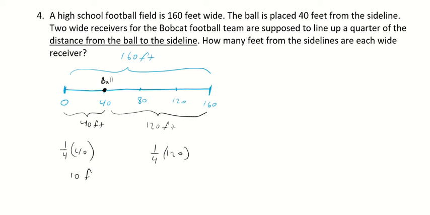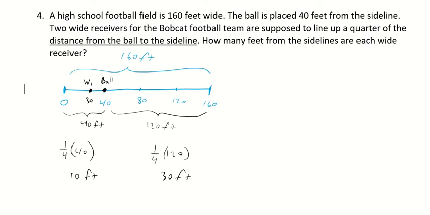This is going to be 10 feet and 30 feet. Let's go back to the question. Two wide receivers line up a quarter of the distance from the ball to the sideline. And so now from the ball, we're going to go 10 feet back at 30 feet. This is wide receiver 1.